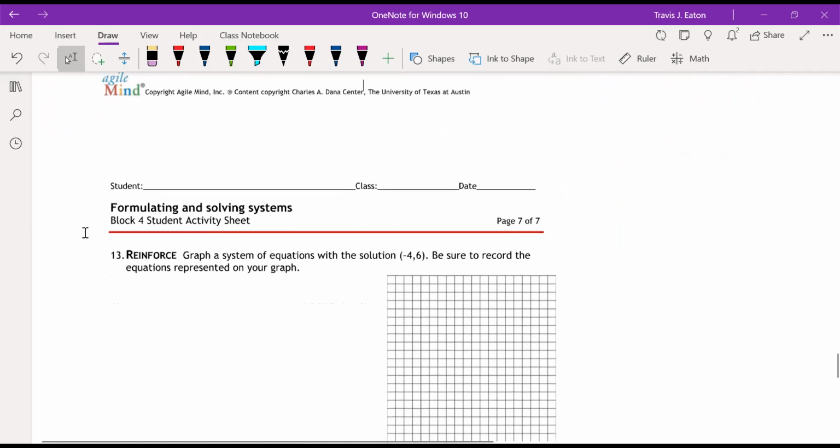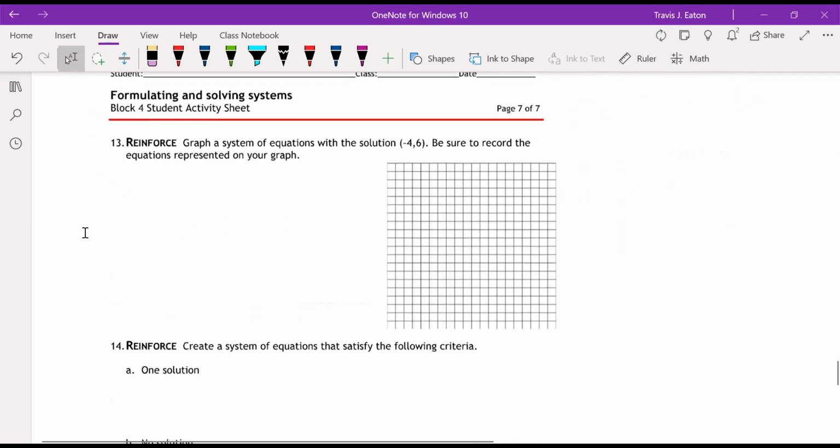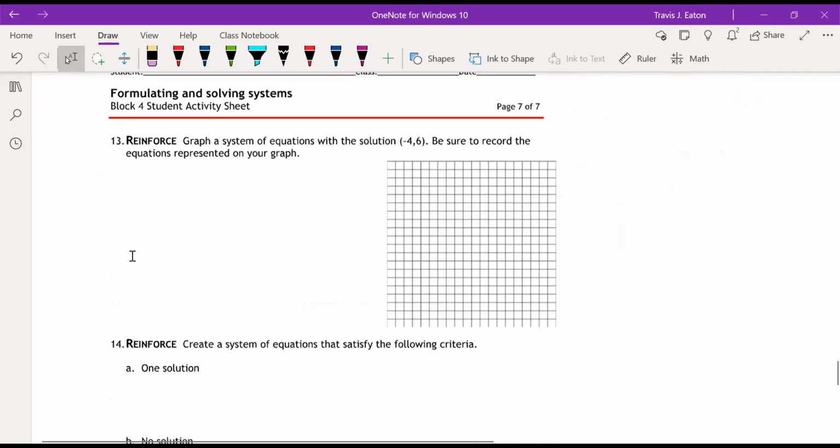All right, well, let's look at question number 13 then. Graph a system of equations with the solution -4 and 6. Be sure to record the equation represented in your data for the graph. Okay, so remember what you're trying to do here. You've got this -4, 6. Remember, that is your x and your y.